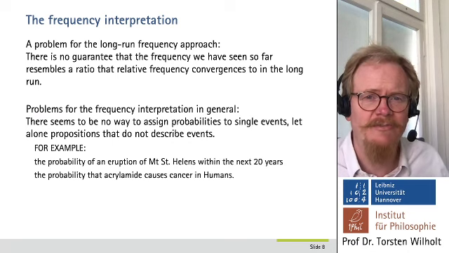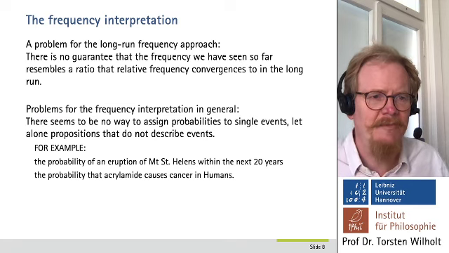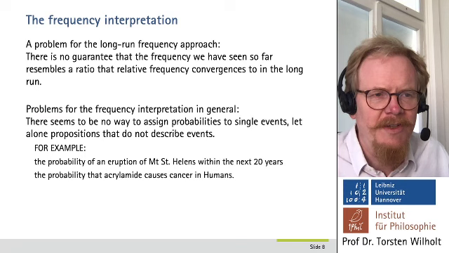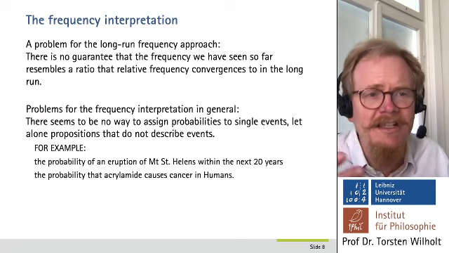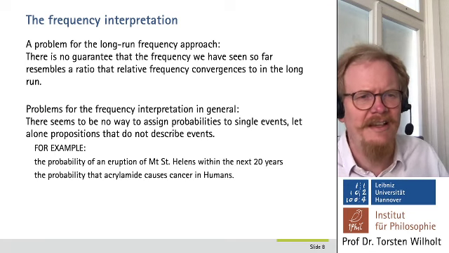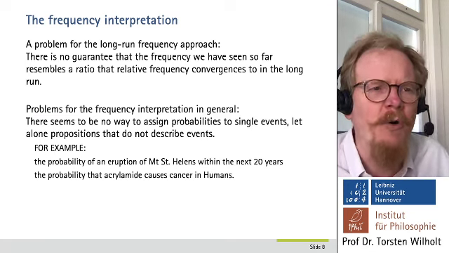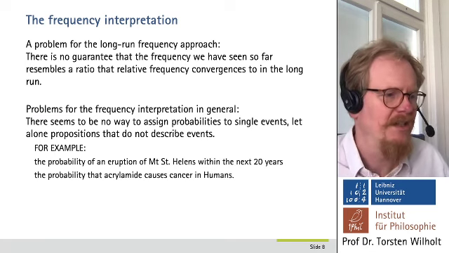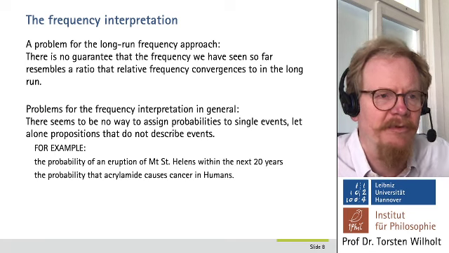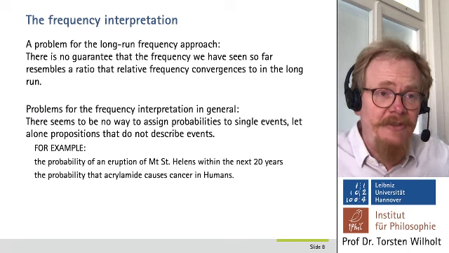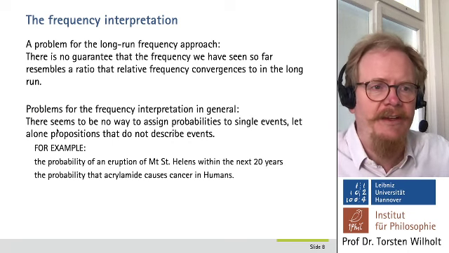But what does this mean in terms of relative frequency? Is it like, if you have a series of substances of this kind, then most of them are carcinogens or something? It just doesn't make sense. So these kinds of probabilities cannot be interpreted as relative frequencies, which limits the way that we can use this frequency interpretation.